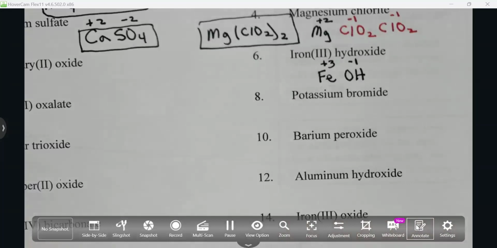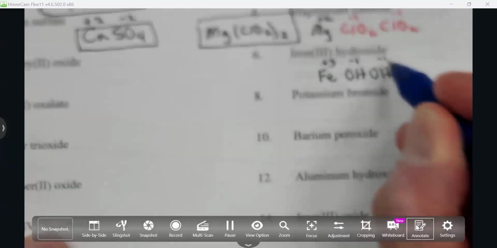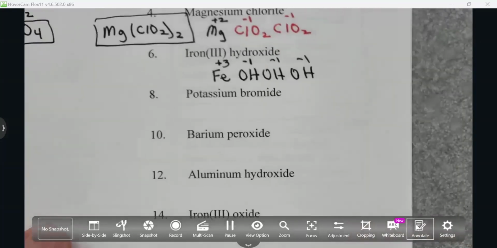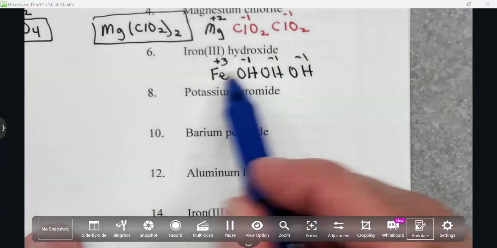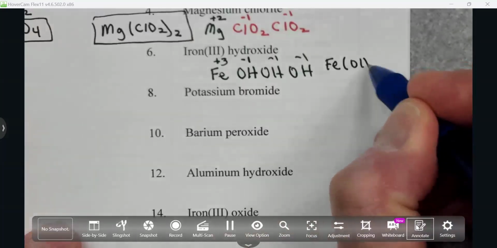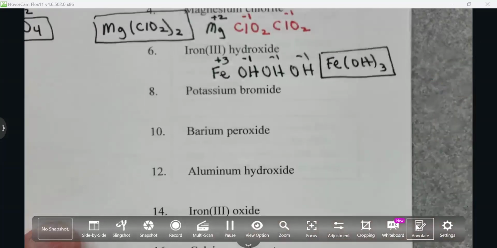How many hydroxides do I need? I need 3 of these hydroxides, right? So when I'm all done, that gets me 0. I should have Fe(OH)3. There has to be a 3 there.